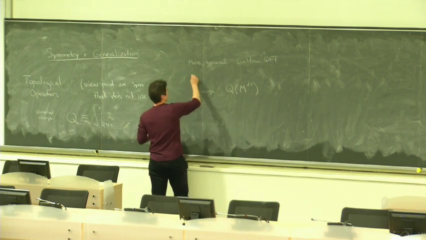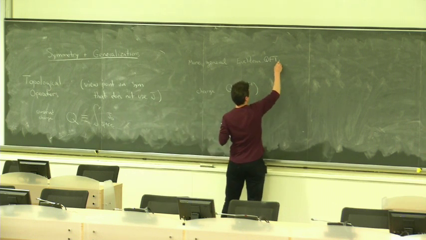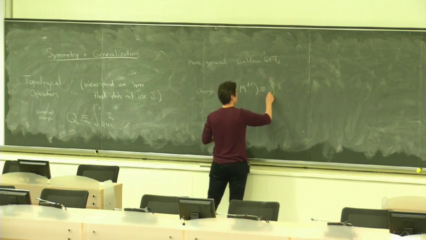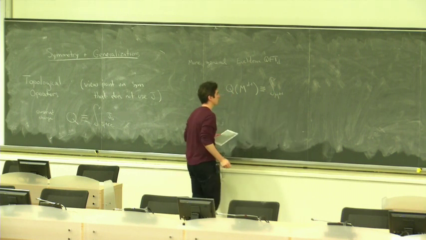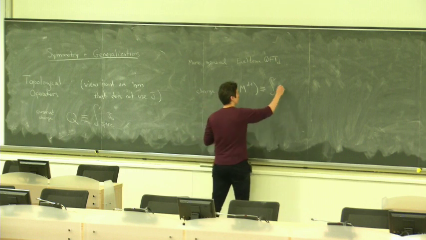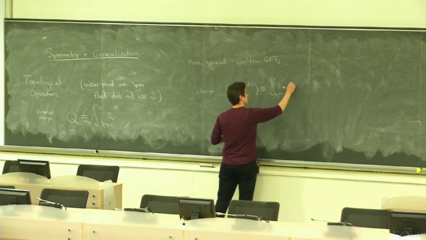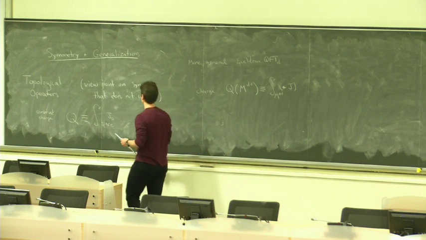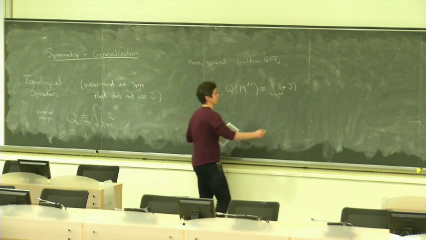Here we have a d-dimensional QFT, and the charge is defined by the integral over that M_{d-1} manifold of star J. J is a 1-form, so the Hodge star of it is a d-1 form.